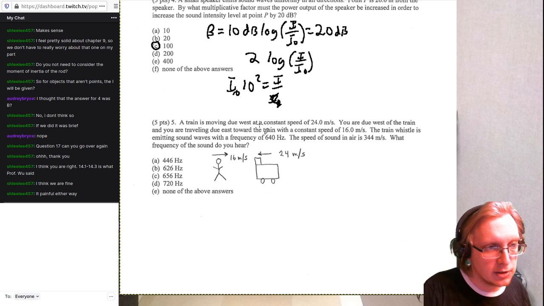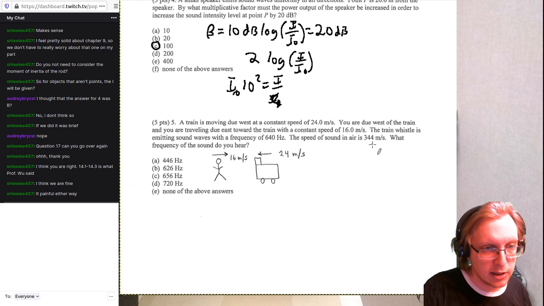A train moving due west, that way, at constant speed 24 meters per second. You are due west here of the train and traveling east at constant speed of 16 meters per second. Train whistle is emitting a sound with a frequency of 640 hertz.